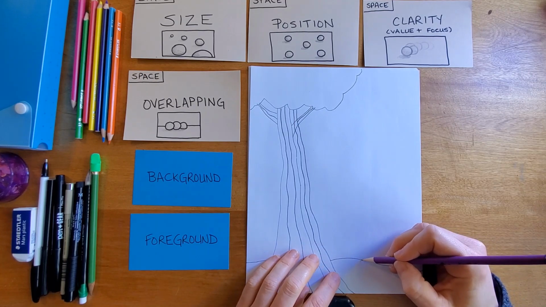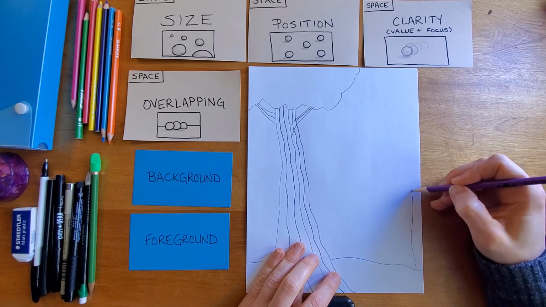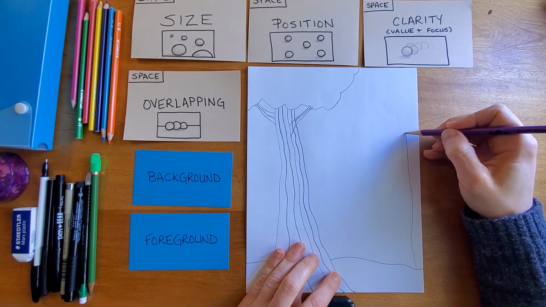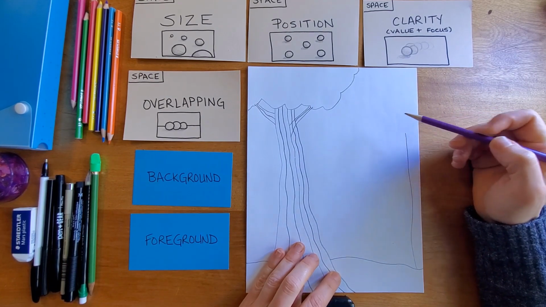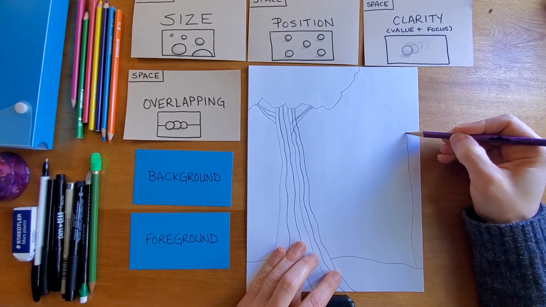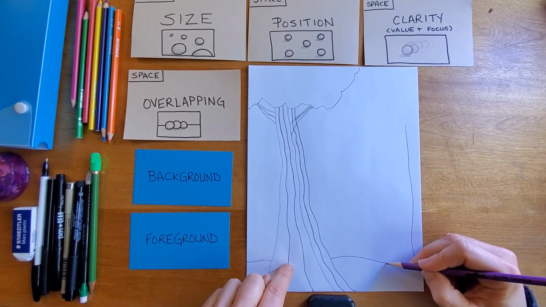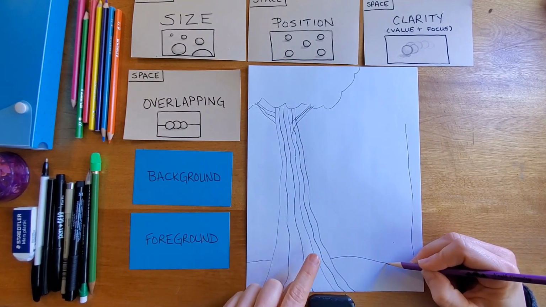So I'm going to make my tree, I'll draw this edge of it first. Just going straight up. Boom. I'm going to stop. Well, maybe I'll bring it up a little more. There we go. And now, remember, this tree is the biggest. It's in the front. It's the closest to us.